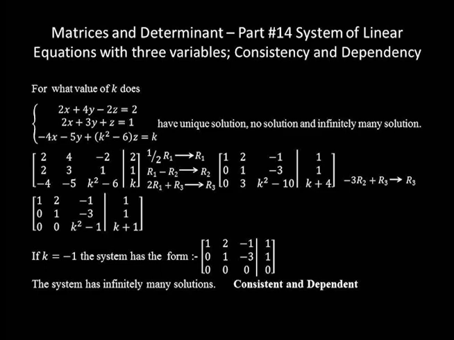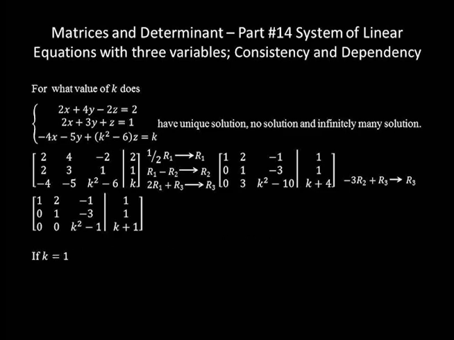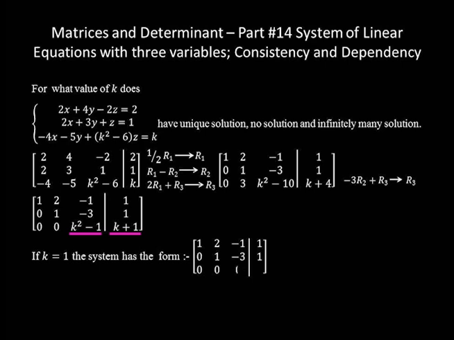The other possibility is if k equals 1. Still, the change will be in these two places. 1 square is 1, 1 minus 1 is 0. For this equation, 1 plus 1 is 2. That means 0 equals 2, which is not true. In other words, the system has no solution. Such a system of equations is called an inconsistent system of equations.